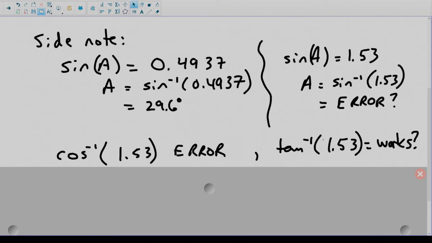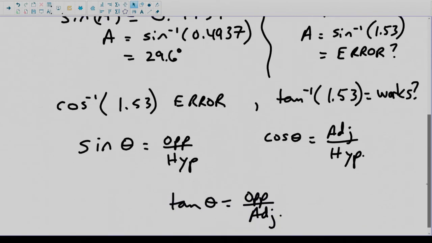And if you do the arc tan of 1.53, that one actually works. So I'm doing a little bit of a side note here. I'm bringing in cos and tan because I want to make a point. Why does sine and cosine give you an error if your number is greater than 1, but the arc tan of 1.53 actually works?